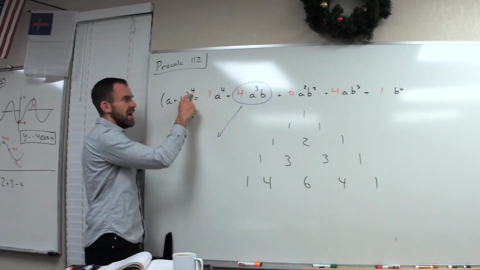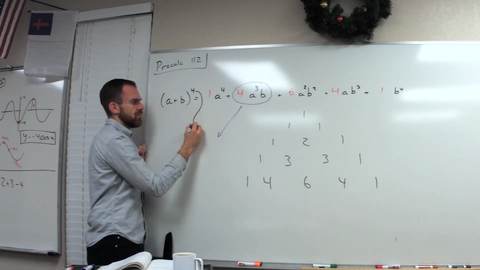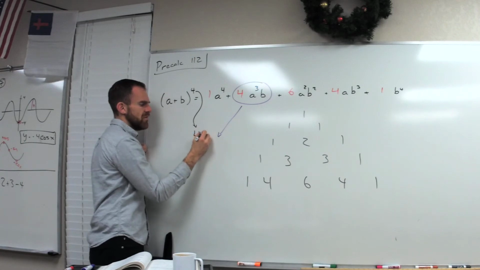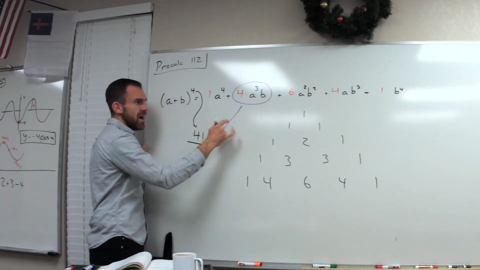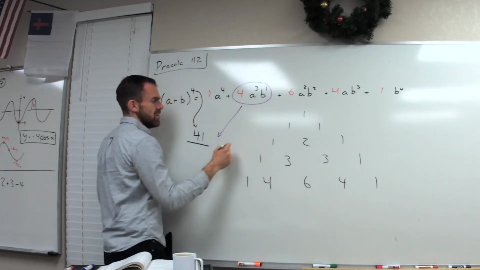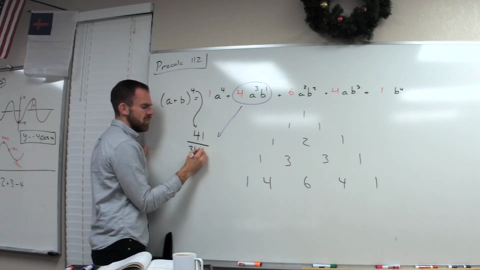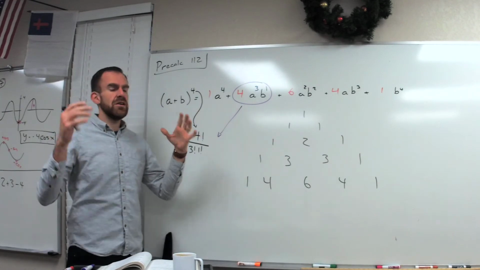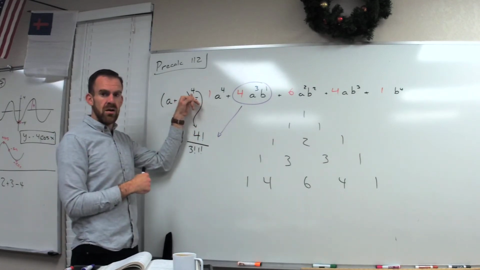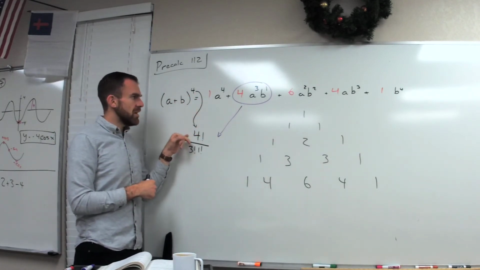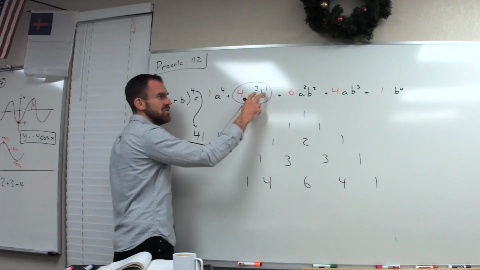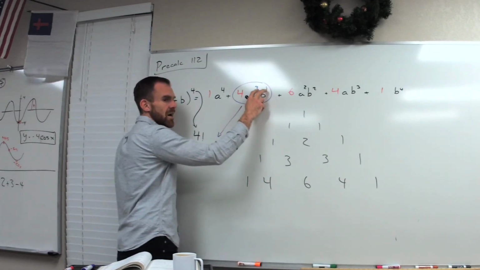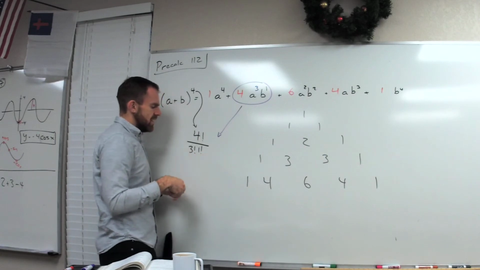You're going to take the highest power, and that's your numerator, factorial. You're going to divide by these two numbers, factorial. 3 factorial, 1 factorial. So basically, you're taking the highest order power that you have, 4 factorial in the numerator, and then you're going to take the two powers of the term you want, so 3 and 1, and that'll be the bottom.